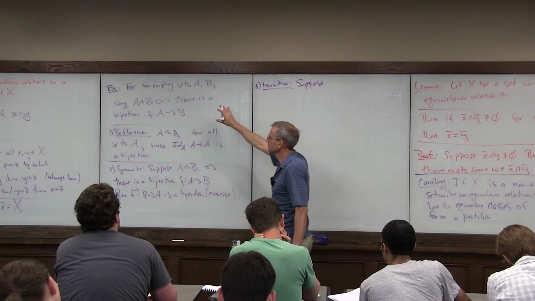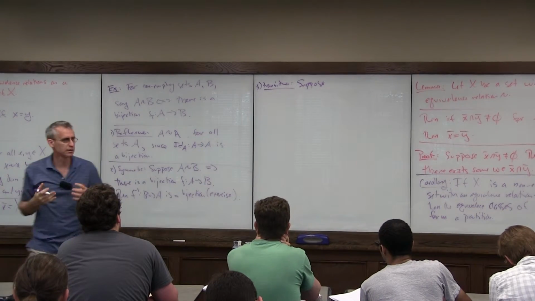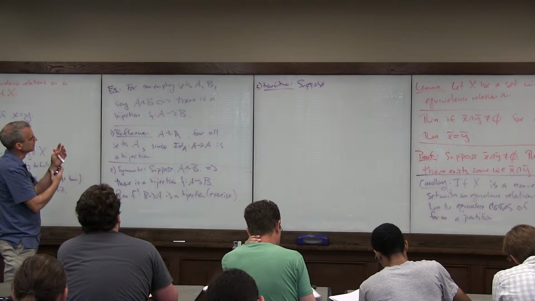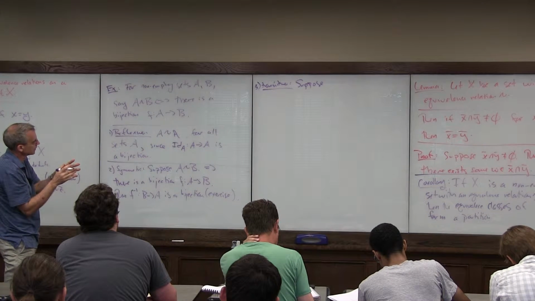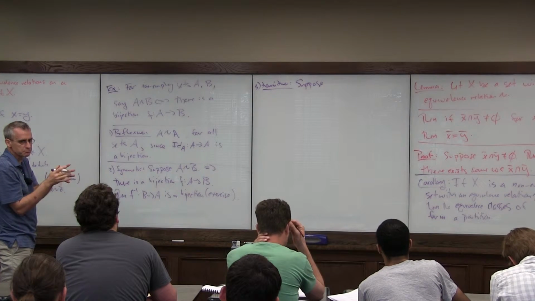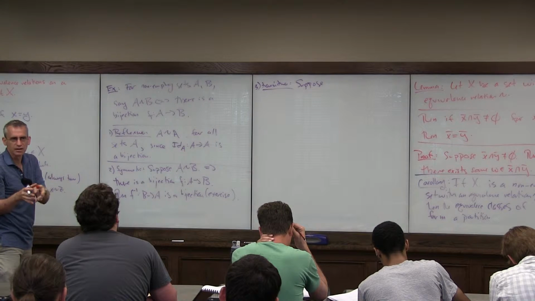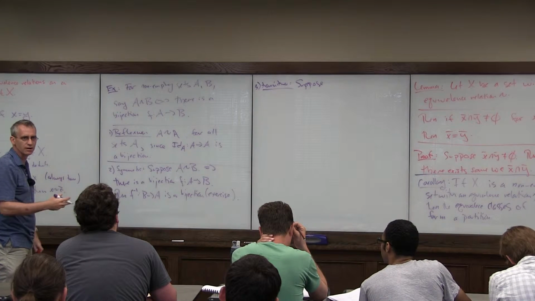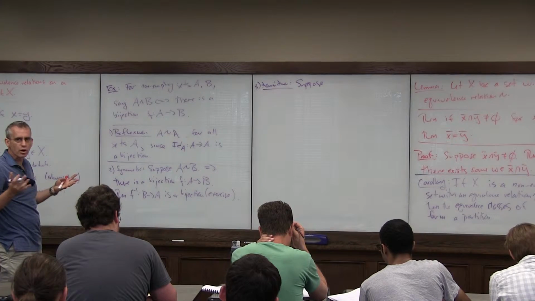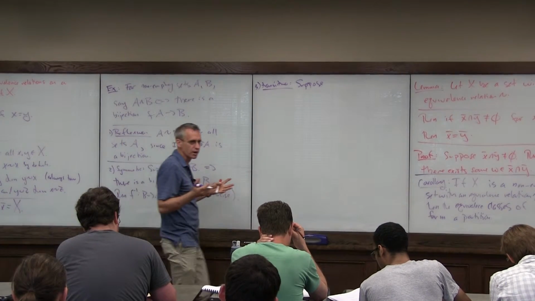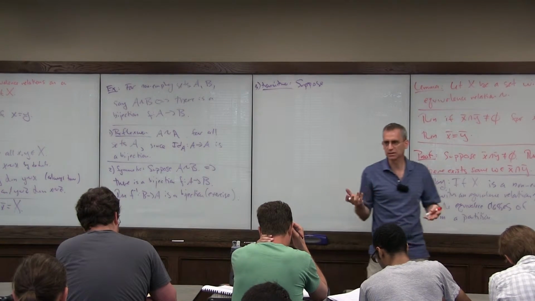So remember, transitive starts with if A, in this case, if big A is equivalent to big B, and big B is equivalent to big C, then big A is equivalent to big C, right? That's a transitive. So what are my actual assumptions now that I'm going to be assuming about the sets A, B, and C?